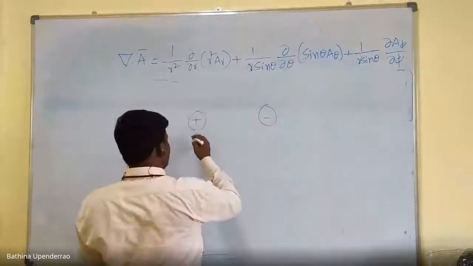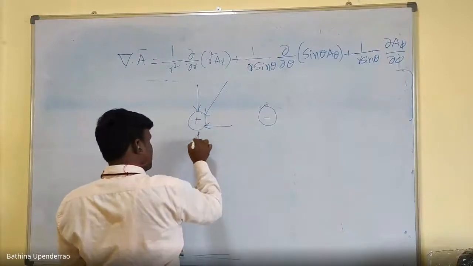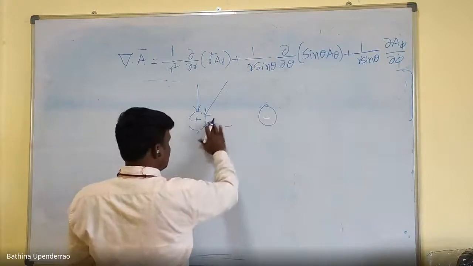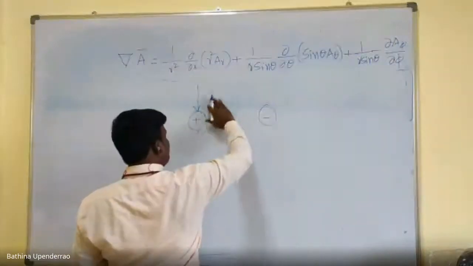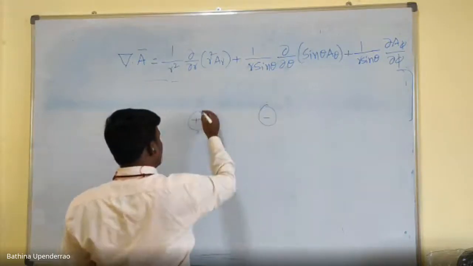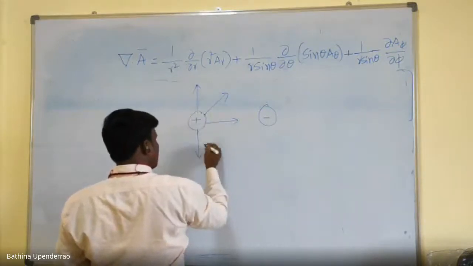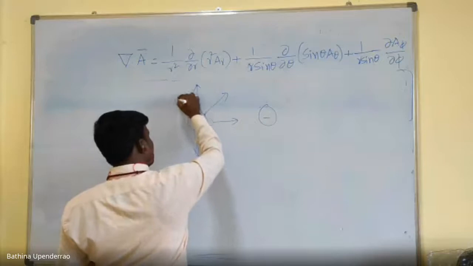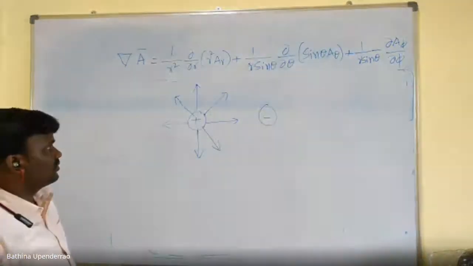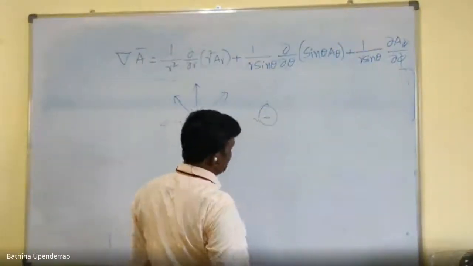For the positive charge, field lines are leaving from the charge. Here you have net outward flow, that is positive outward flow, which means positive divergence.